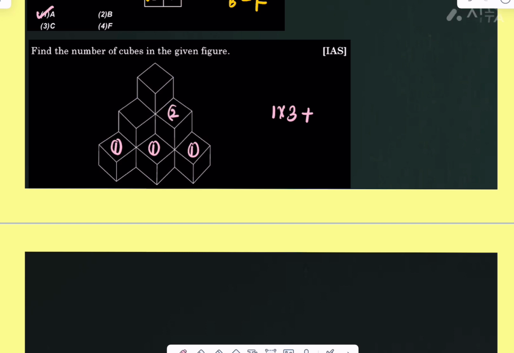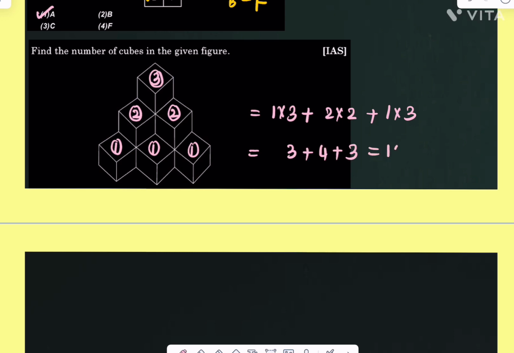This contains 2 cubes, this also contains 2 cubes only, and 2 into 2 we will write here. And there is one column here, with 3 cubes in that column, right? So 1 into 3 we will get. And the total number of cubes in this figure equals how much? So 3 plus 4 plus 3, right? And totally we'll get 10, right? So 10 is the correct answer.